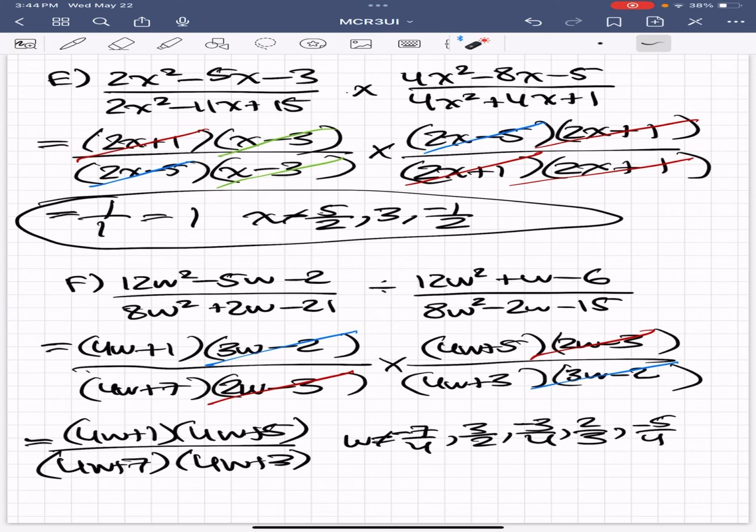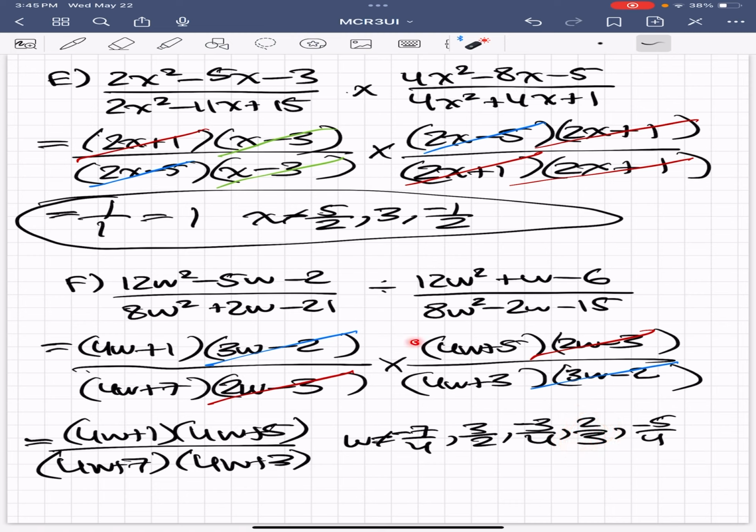Okay. 4w plus 7, negative 7 over 4. 2w minus 3, 3 over 2. 4w plus 3, minus 3w minus 3 over 4. 3w minus 2, 2 over 3.